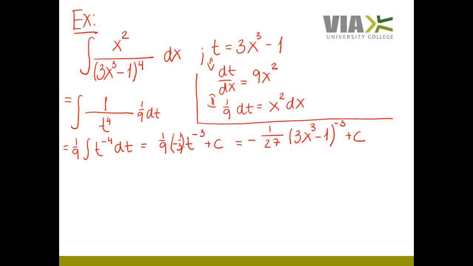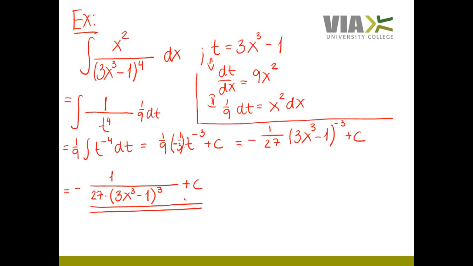If you want to, you can rewrite this into a positive power by putting it into the denominator. So that will be equal to -1 divided by 27 times (3x to the power of 3 minus 1) to the power of a positive 3, added with the integration constant c.